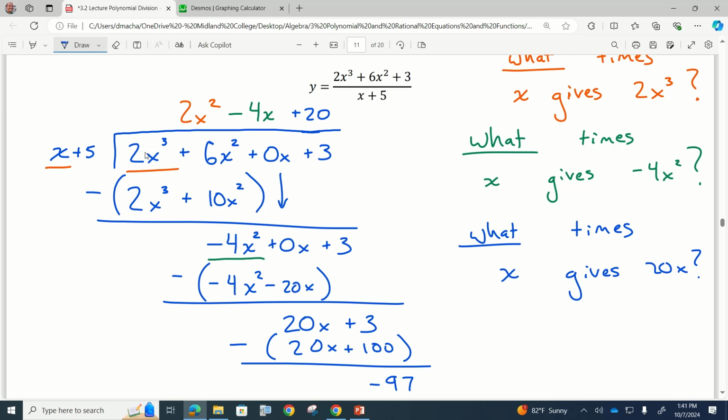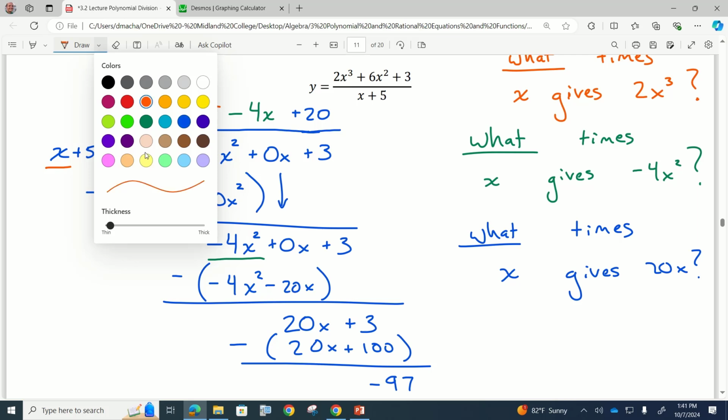This time my remainder has a degree of 0, and my denominator has a degree of 1. And since 0 is less than 1, that's why we're going to stop. I'm choosing that specifically as a cutoff point because I'm trying to write a polynomial plus a proper rational function. And in a proper rational function, I just need the remainder to have a degree smaller than the denominator.